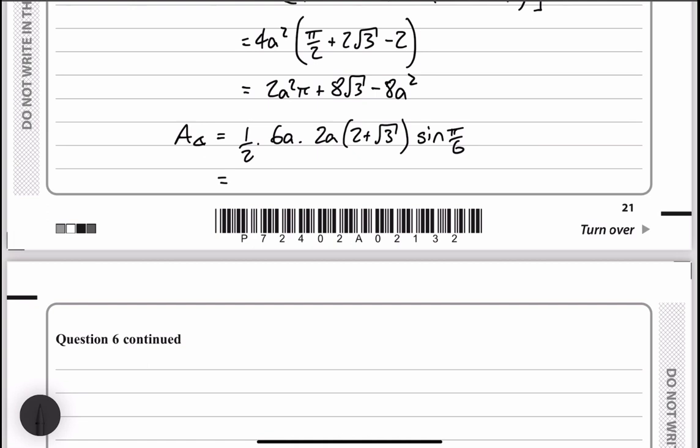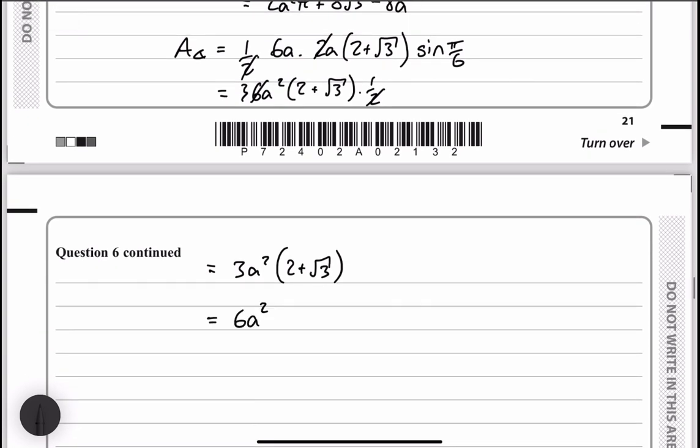So let's cancel those. 6a squared times 2 plus root 3 times a half. So that cancels down to 3a squared, 2 plus root 3.